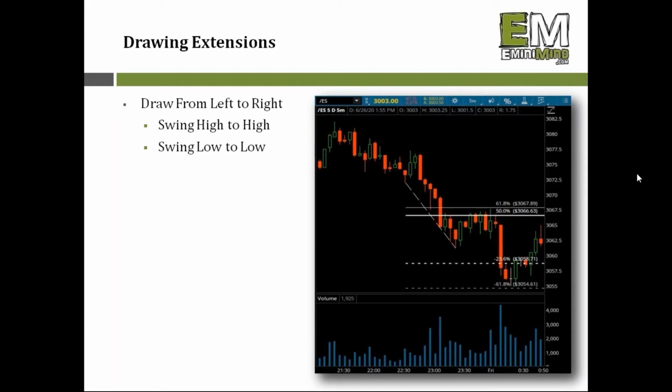This would be a situation where the market is very strong. The market is selling off hard, or the market is rallying pretty hard. So you can think of it like a bull flag or a bear flag, where the market is really trending strongly.